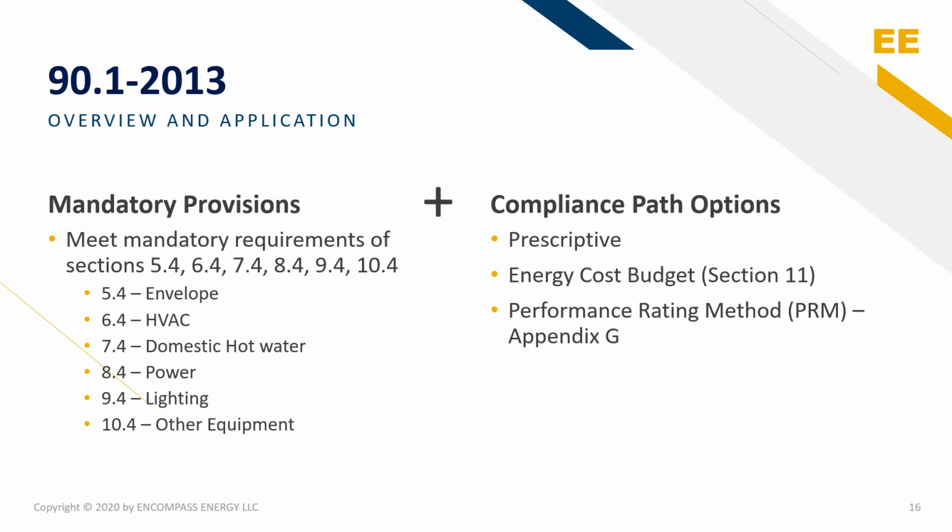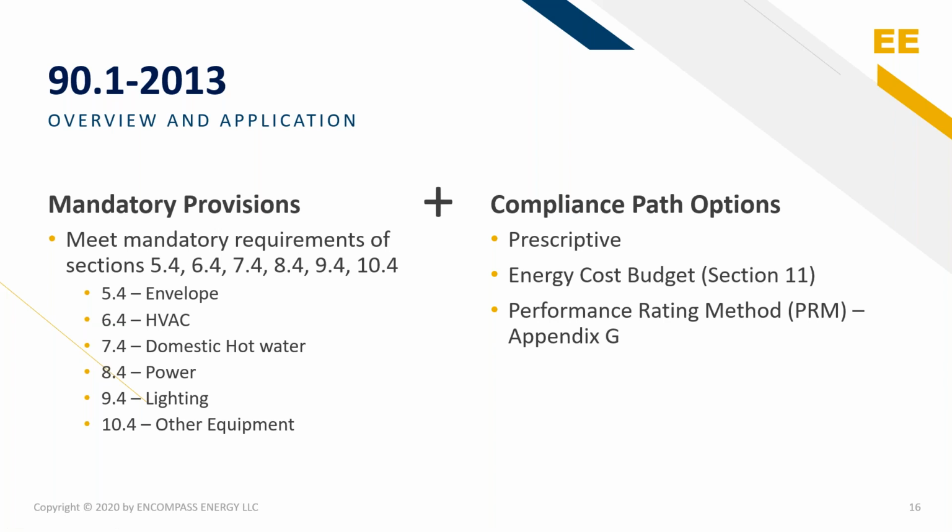And then there's compliance options. So either you can go through a prescriptive, essentially a checkbox exercise to make sure your equipment or your envelope or your lighting system meets the minimum requirements, or there's 2 performance paths: energy cost budget, which is Chapter 11, or performance rating method, which is the Appendix G.